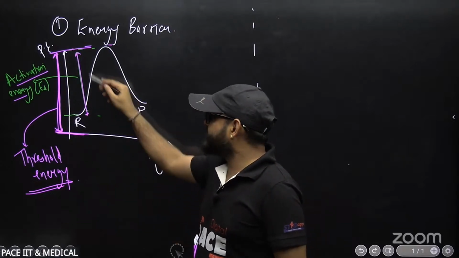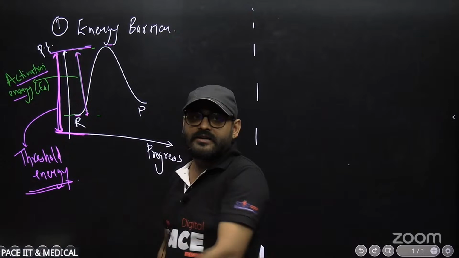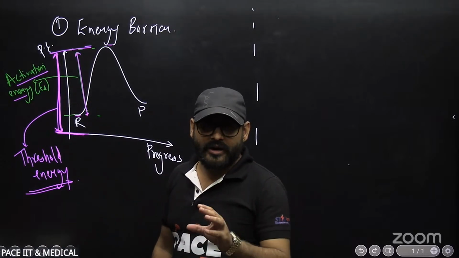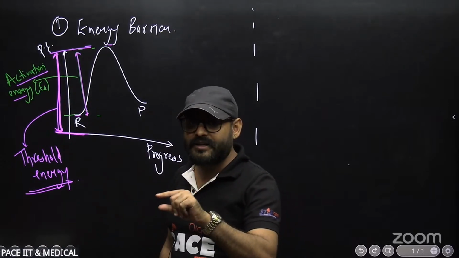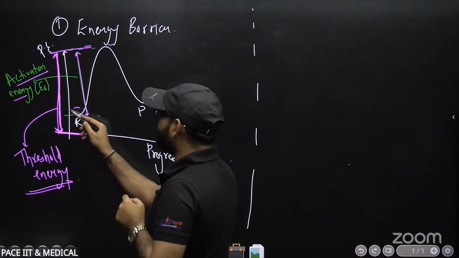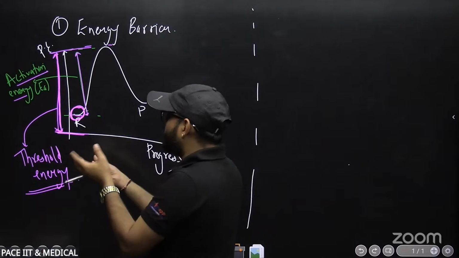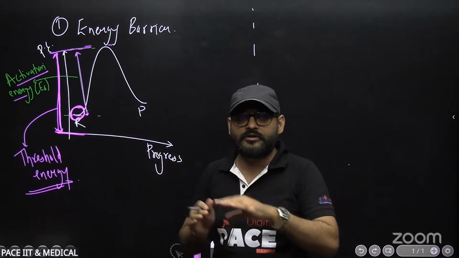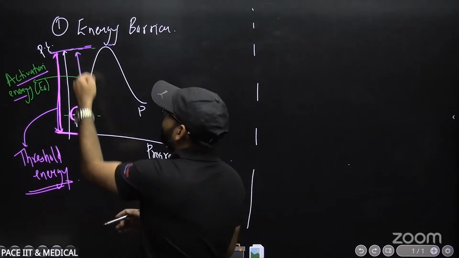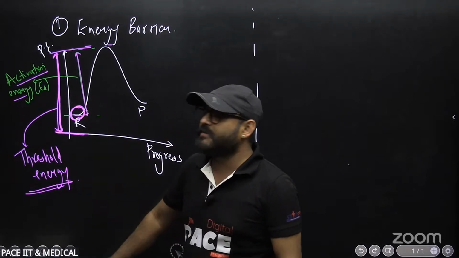And this activation energy is the extra or additional kinetic energy possessed by the reactant molecules over and above the average energy of the molecules. This much energy is already possessed by the molecules. What extra kinetic energy is required to cross the energy barrier? And these two values are minimum values.